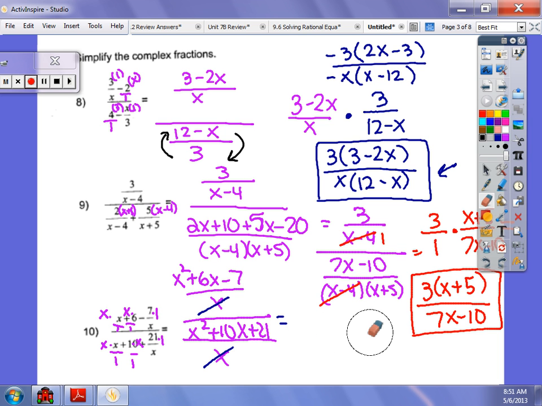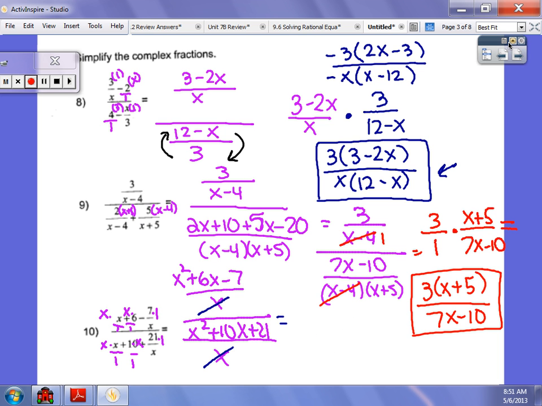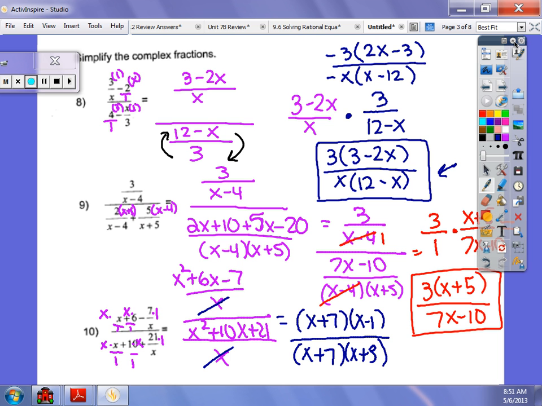Instead of x minus 7, x plus 1, it should have been x plus 7, x minus 1. And on the denominator, it's x plus 7 and x plus 3. And you notice we have 1 in common, so we can cancel out what we have in common and write what we have left. And there's our answer to the question.